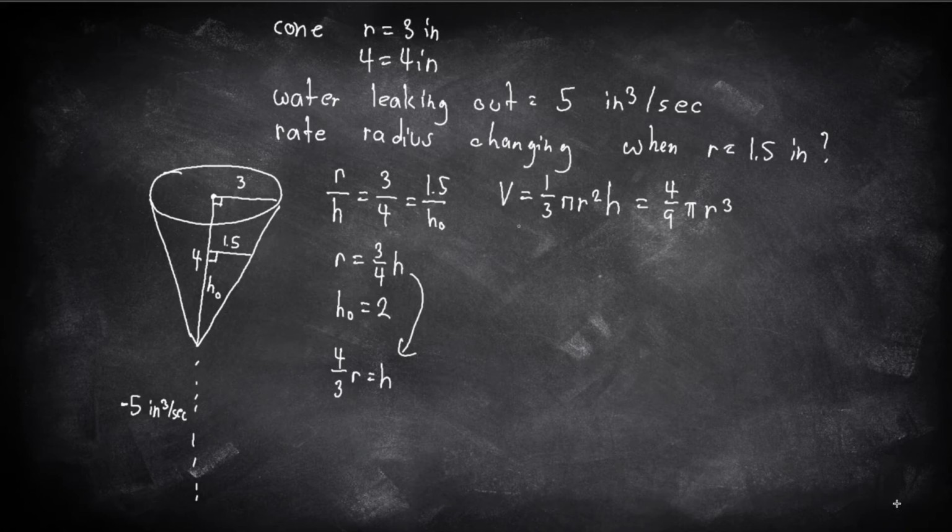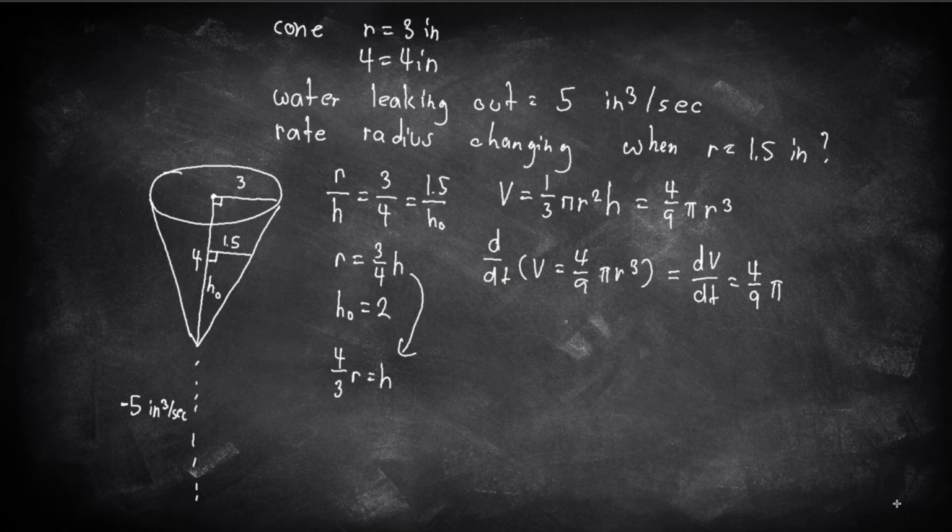Okay. Now our volume is changing, because this is just calculating some volume of water, and the volume of our water is changing per second. So we're doing it with respect to time again. So dV/dt equals the derivative of 4/9 pi r cubed. 4/9 pi is a constant, so we just leave it.